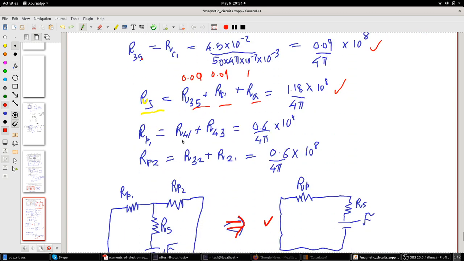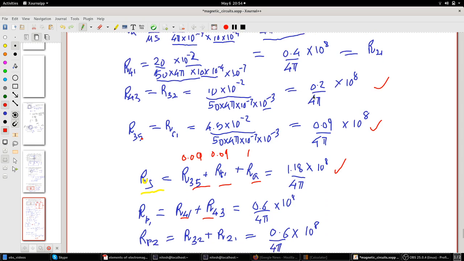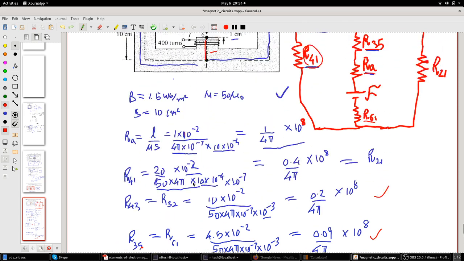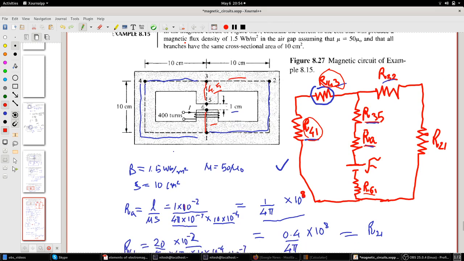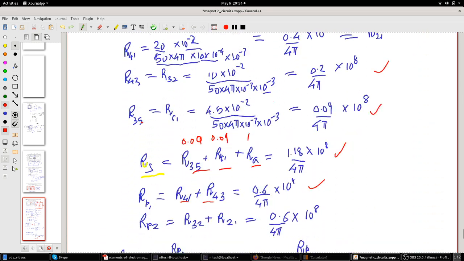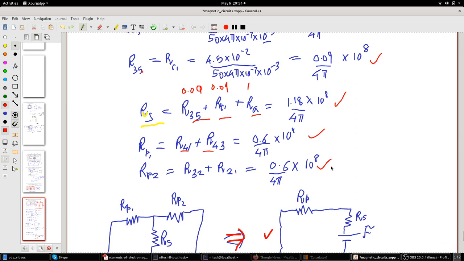So RP1 is equal to R41 plus R43. So that is 0.4 plus 0.2. So this comes to 0.6. Same as RP2. RP2 also will be like the other arm, this side. So it will be same as your 0.2 plus 0.4. So what you will get here is 0.6 by 4 pi into 10 raised to 8.